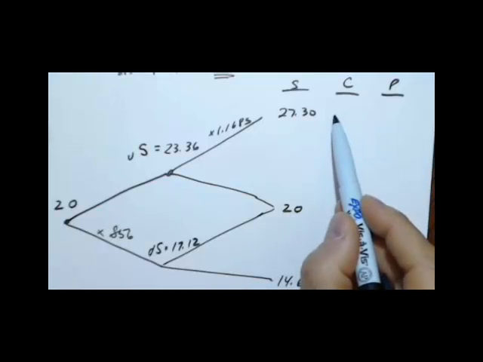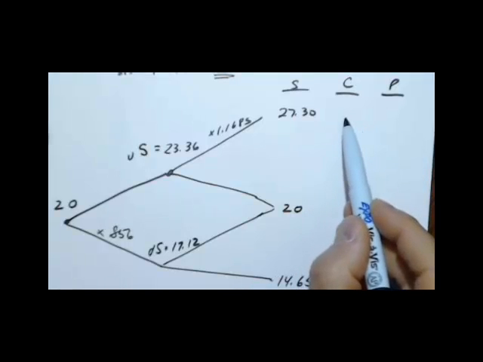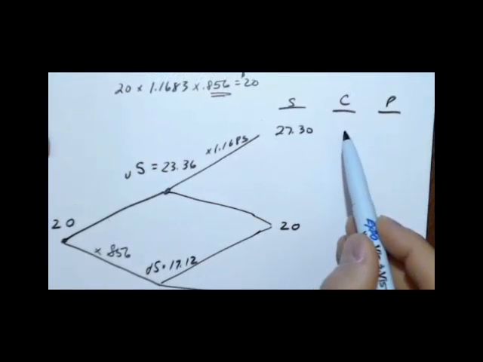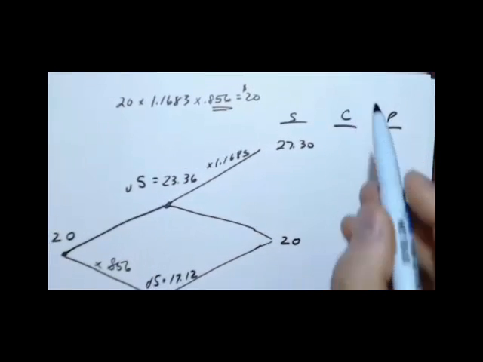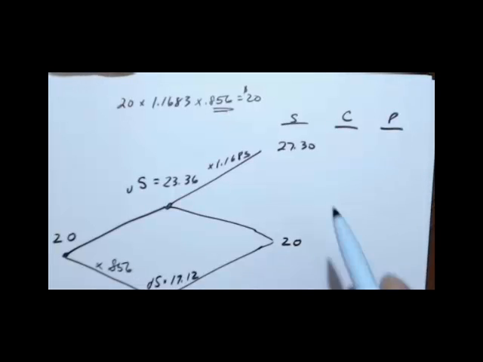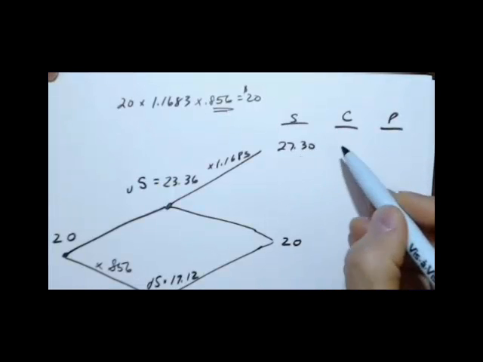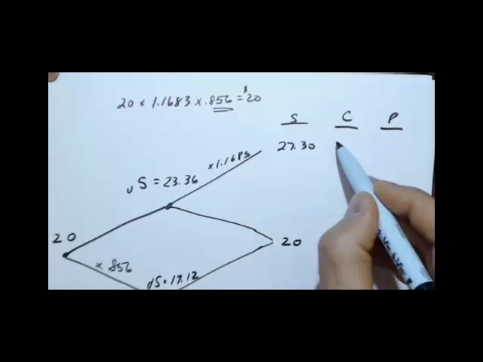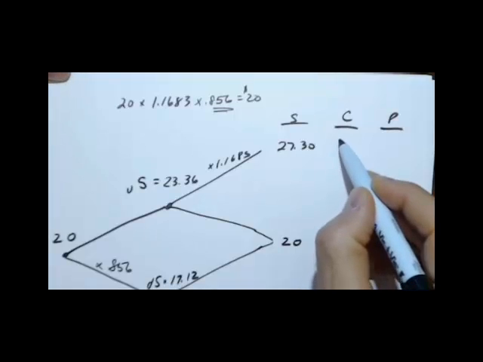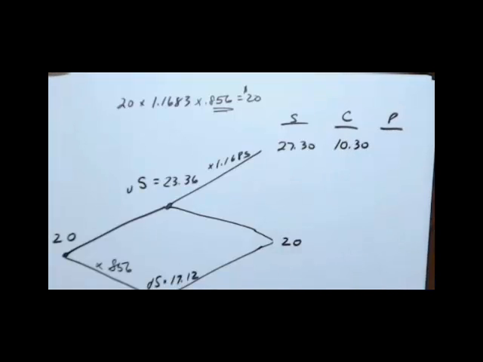What is the value of the call at expiration? Well, it's the stock price minus the strike. The strike, in this case, is 17. So this option is worth $10.30 at expiration.